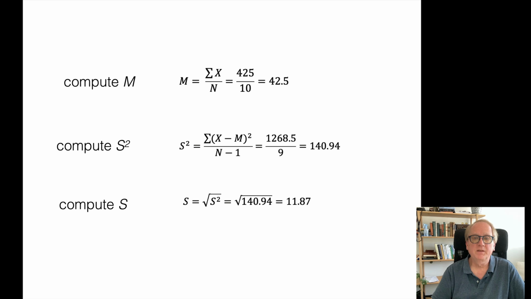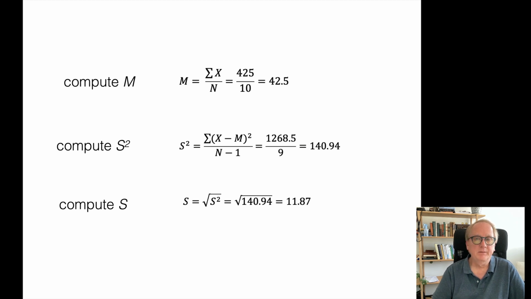So I take 1268.5 and divide by 9, because I'm using the n minus 1 correction to estimate the population variance. That comes out to be 140.94. I can also compute s by taking the square root of s squared, right? So the square root of 140.94 gives a value of 11.87. So now I have my estimate of the population standard deviation, 11.87.